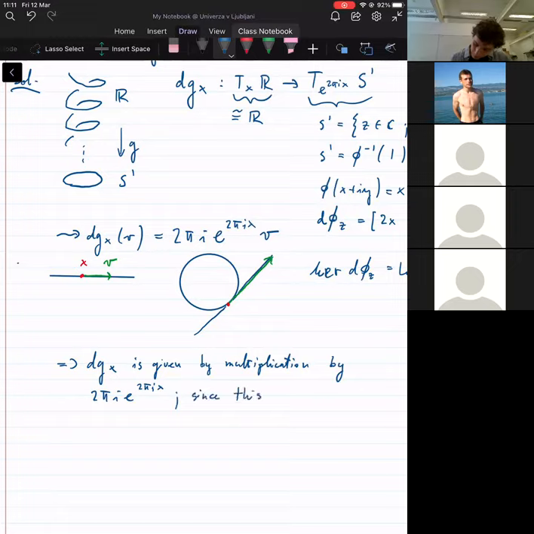Since this map is non-trivial between one-dimensional vector spaces, it's an isomorphism.